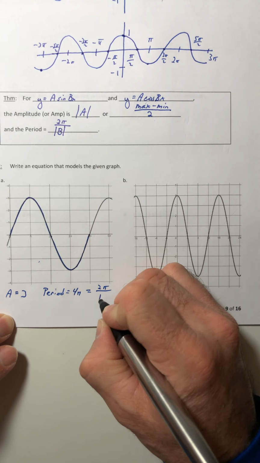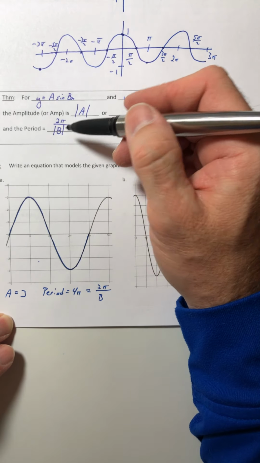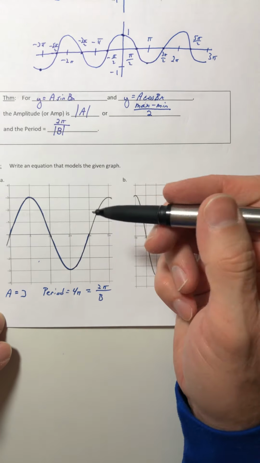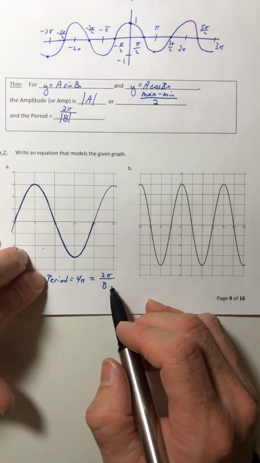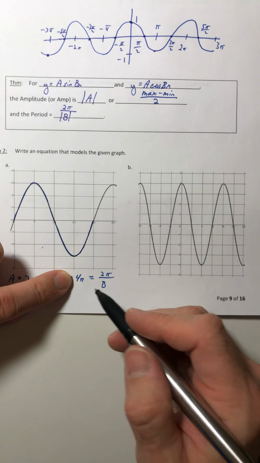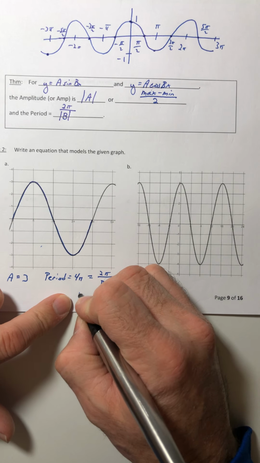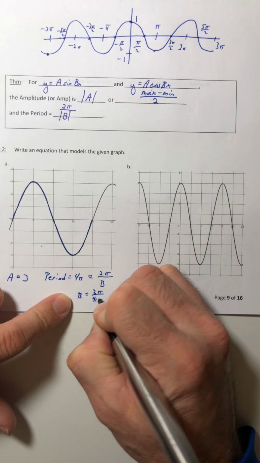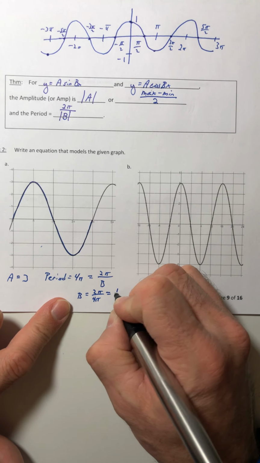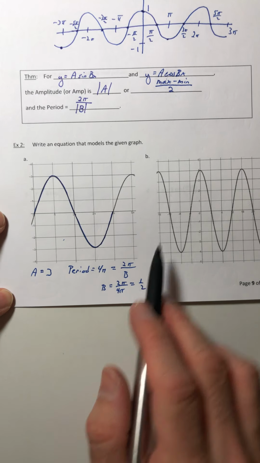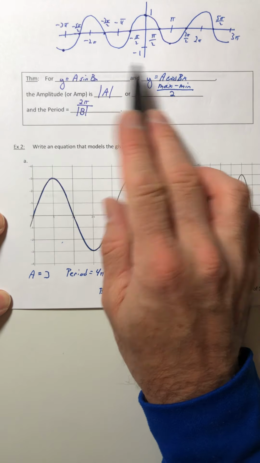You can drop the absolute value bars. The absolute value bars are really just in there from when you're working from the equation. You don't need them when you work backwards. So 4 pi equals 2 pi over b, and then just solve for b. So in this case, b is going to be 2 pi over 4 pi, or half.